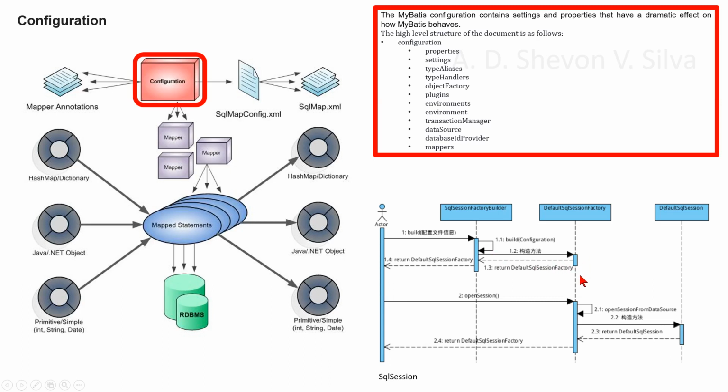When we get the SQL session factory, we can get a SQL session object through the SQL session factory. Through the above steps, we have obtained a SQL session object.